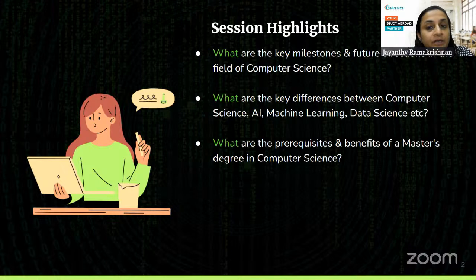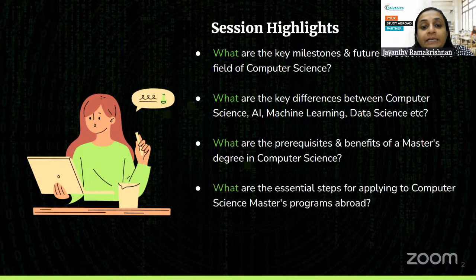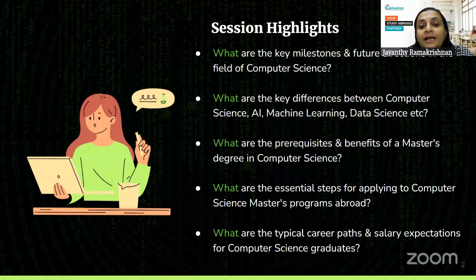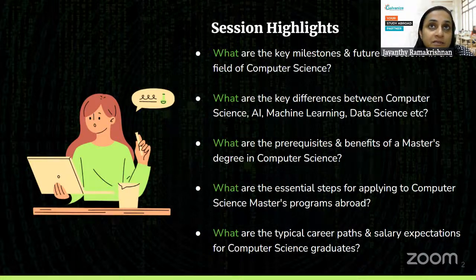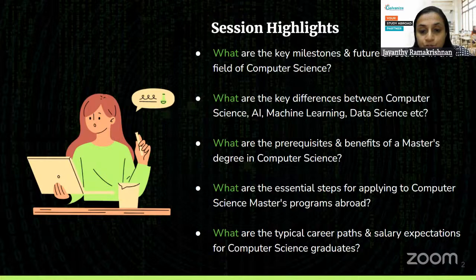And after talking about all of that and the process, I'll also obviously tell you what the benefits of getting that degree in computer science are. Next, I'll explain the essential steps that are needed for applying for a computer science program abroad. And finally, I'll also talk about the career paths and the salary expectations that you can have as a computer science graduate.